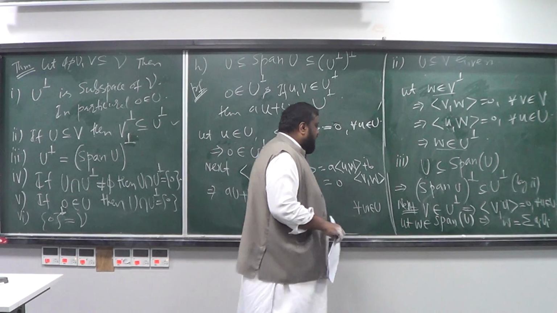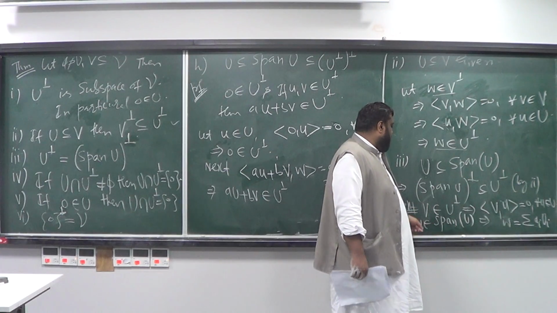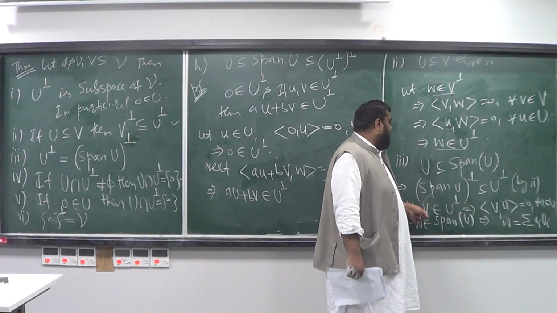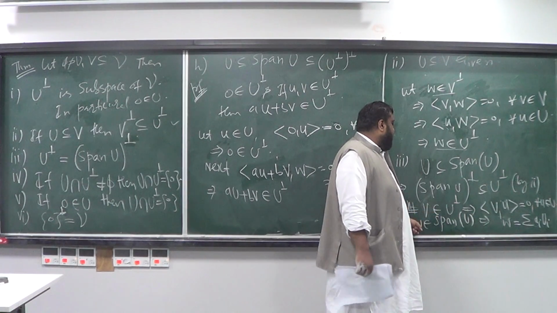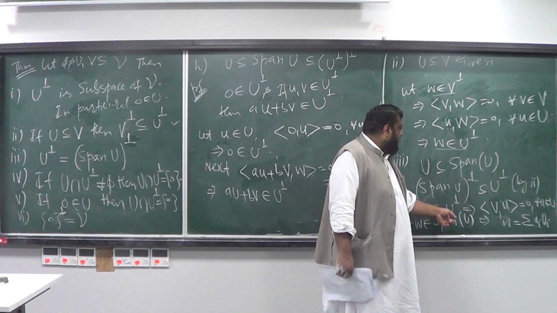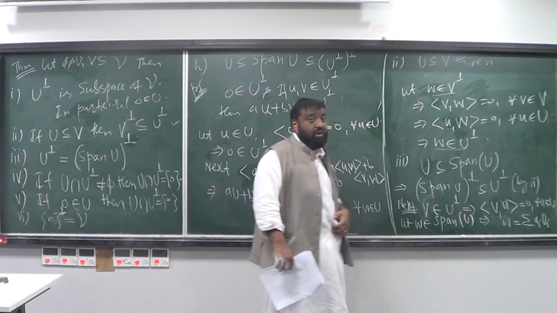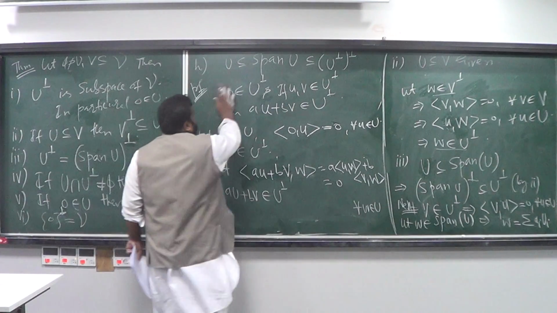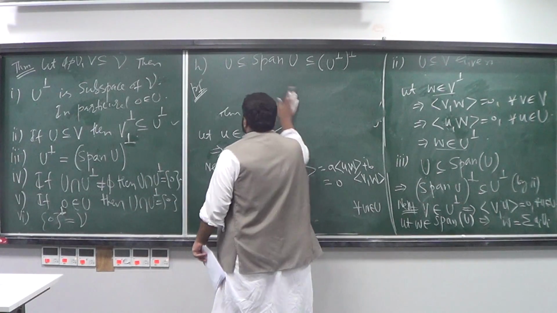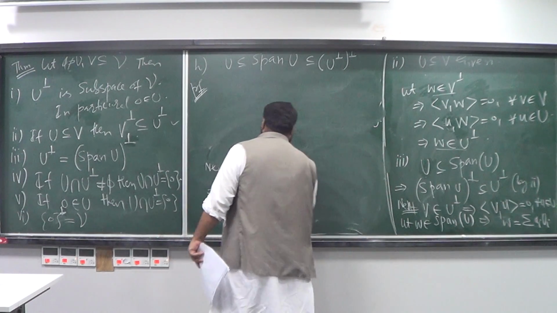If I want to prove that V is an element of span of U perp, I need to show that V is also orthogonal to every single element in the span of U. So I have picked an element from the span of U, and I'll now take the inner product of this arbitrary element with V.